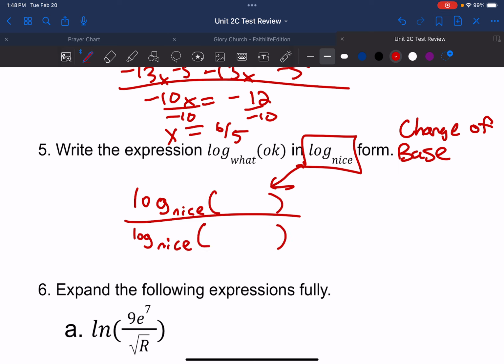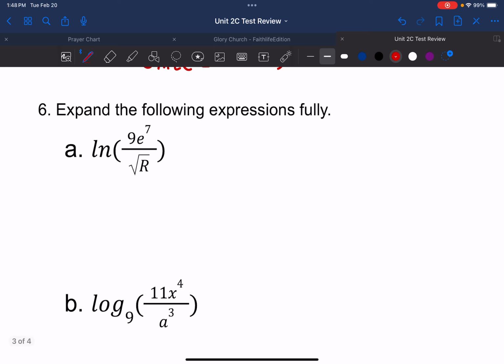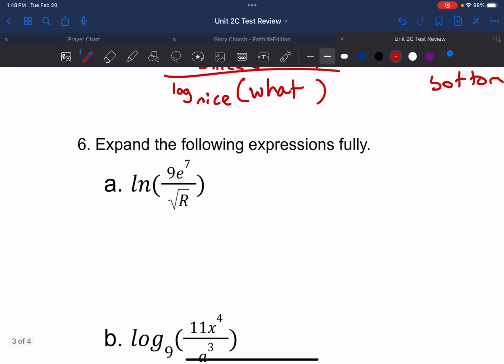The way that I remember what goes where is base on bottom. So the base of my original expression becomes the argument on bottom, and the original argument stays the argument. Now for 6, it wants to expand the expressions fully.